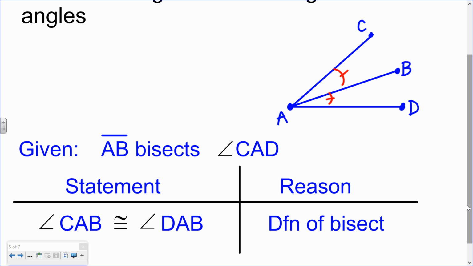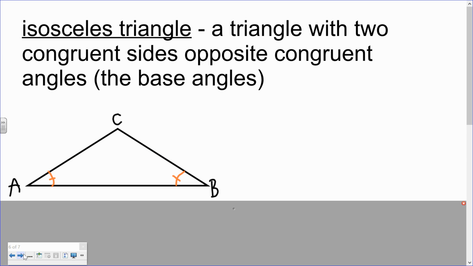And I'm going to review again on the isosceles triangles because sometimes we just need to go over it more than once before it really sticks. So we've seen this before.